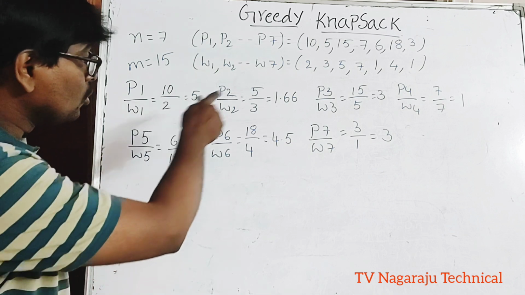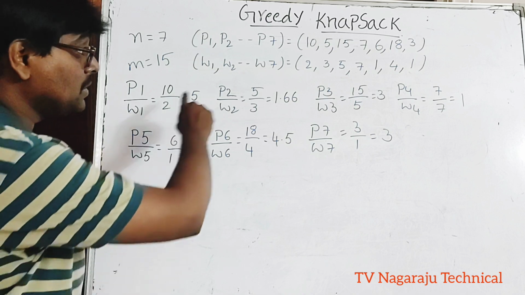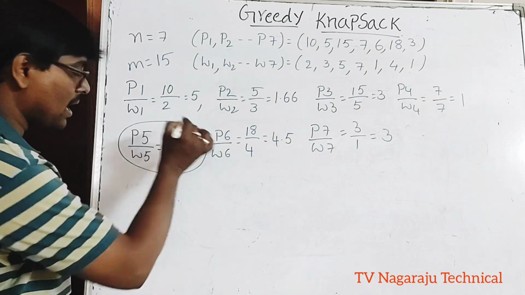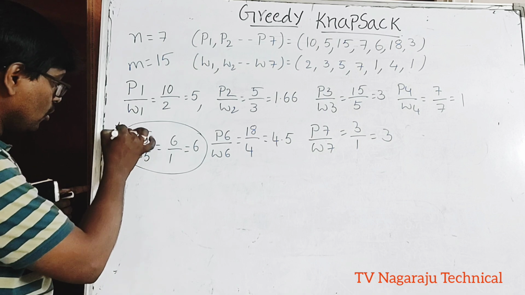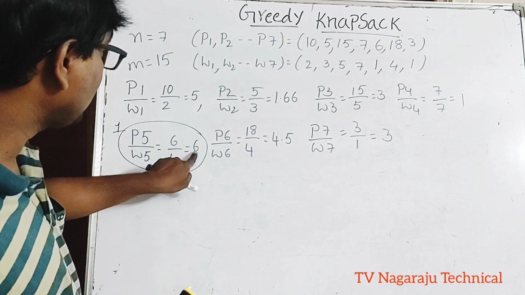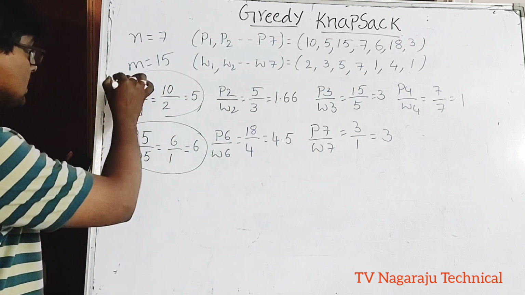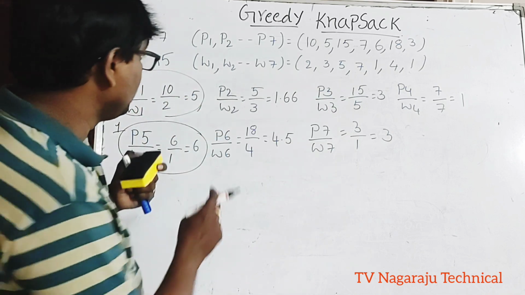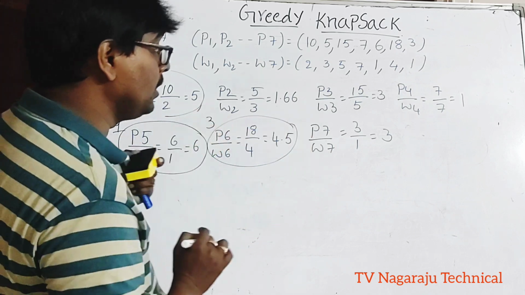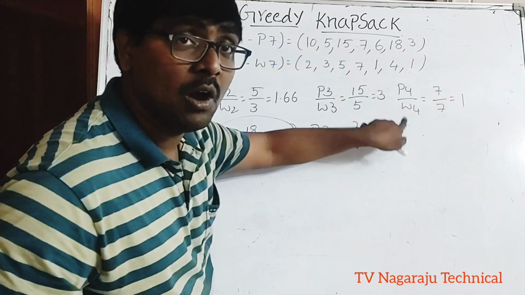Now according to this situation, which object do you consider first? Observe, among all these, this is the highest value, so first you need to place this object. Next, what is after 6? The next value is this one, this is the second. And after 5, this is the third. And here P3 and P7 both have value 3.